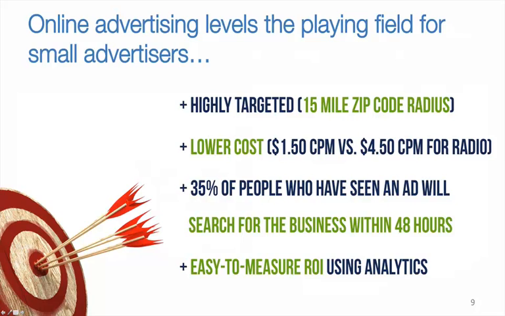You can now target the people that you want to see within a 15-mile zip code radius of your business. Many people think, well, geez, how could I possibly afford to run an ad on Yahoo or CNN or ESPN? Well, the technology now makes it possible that you can only show ads on that site to people within a 15-mile radius of your business.